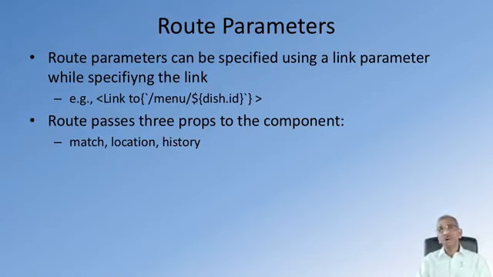Location tells where you are in the URL. Location and history will allow you to go back. I'm not going to deal with location and history and how we make use of this in this exercise. We will defer that to a later stage, but we'll look at how the match prop can be used to extract the parameter that is passed in the URL. The exercise will illustrate that in more detail.